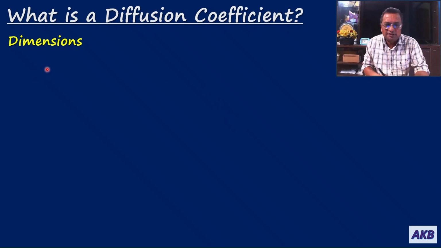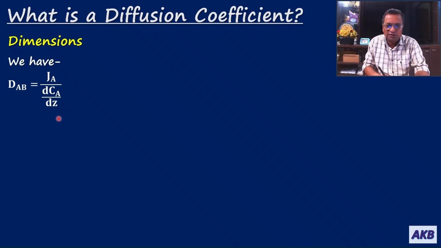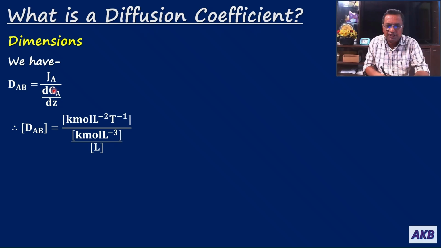Now let us know what are the dimensions for diffusion coefficients. We have the equation D_AB is equal to J_A upon dC_A by dZ. So dimensions of D_AB will be equal to dimensions of J_A divided by the dimensions of the concentration gradient. And what are dimensions of J_A?